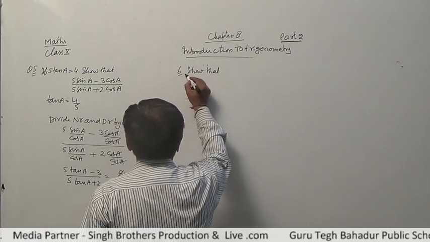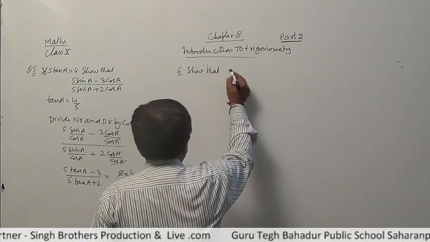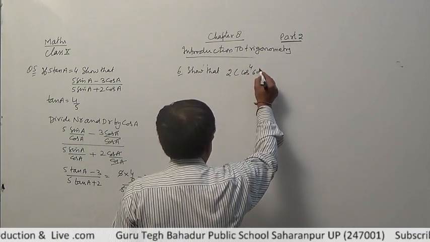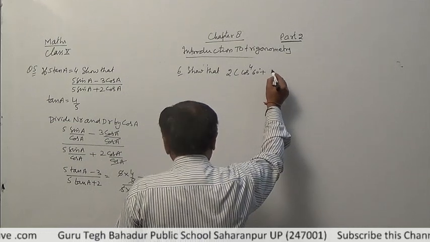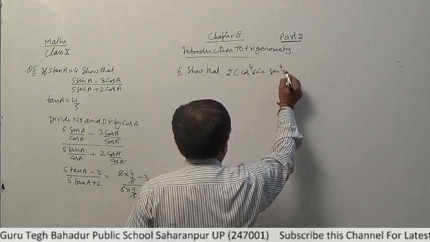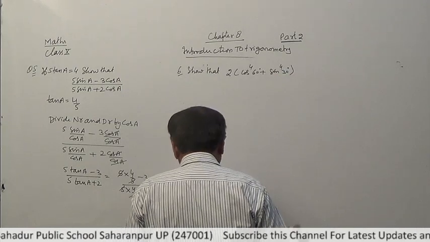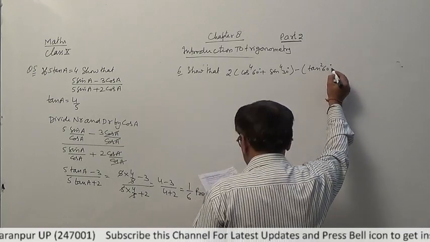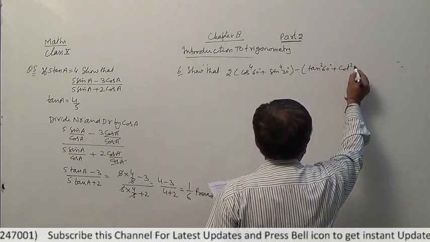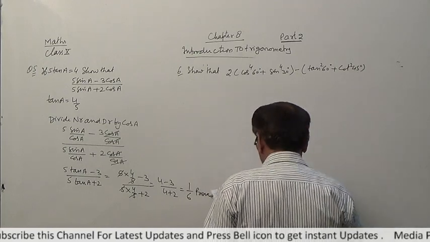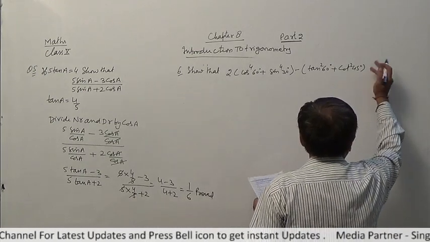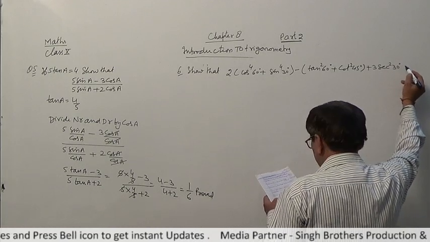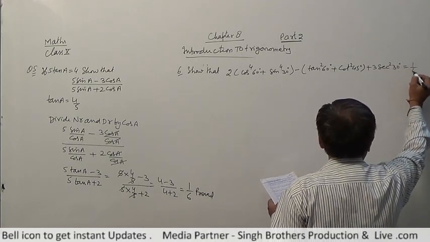Question number 6: show that 2 cos power 4 60 degree plus sin power 4 30 degree minus tan square 60 degree plus cot square 45 degree plus 3 sec square 30 degree is equal to 1 upon 4.